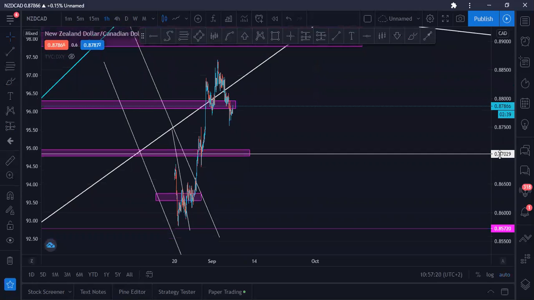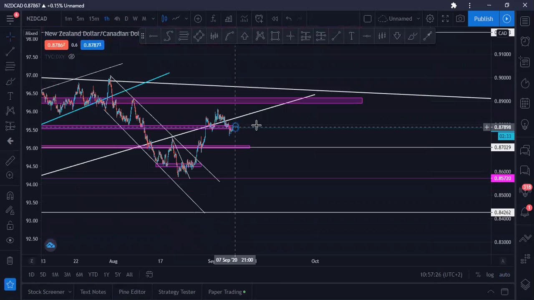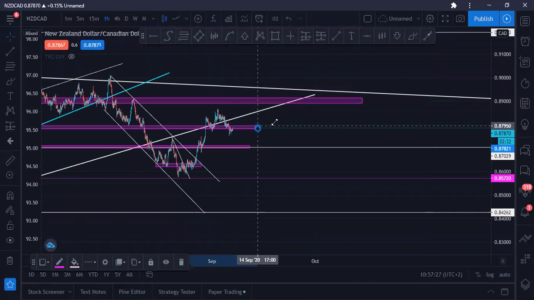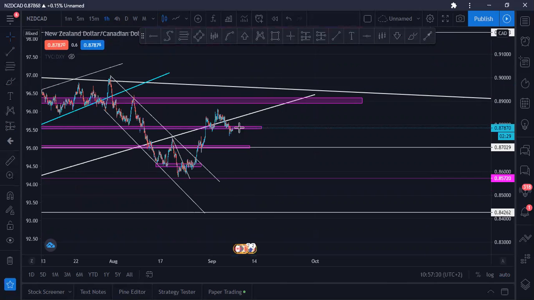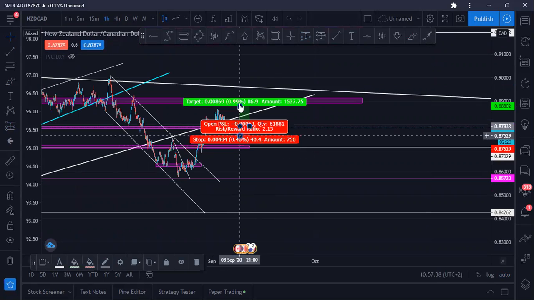NZD CAD. Okay, so this could be a nice trade to the upside once we get above this. So let's look for a long position here. It's below that previous low.